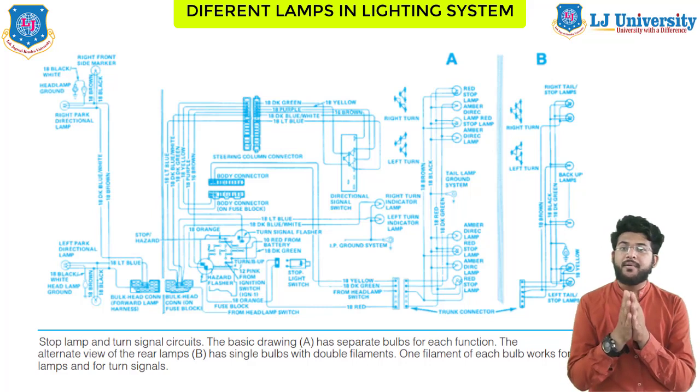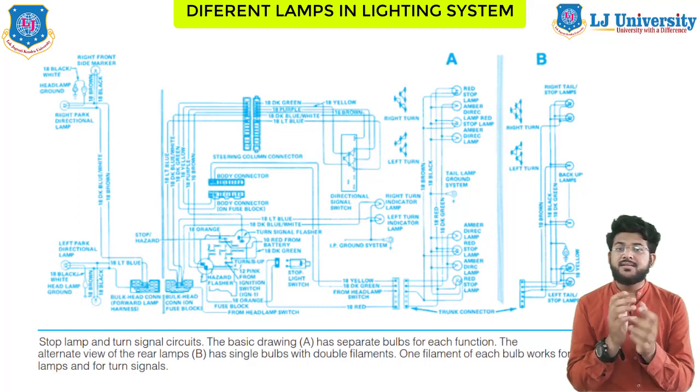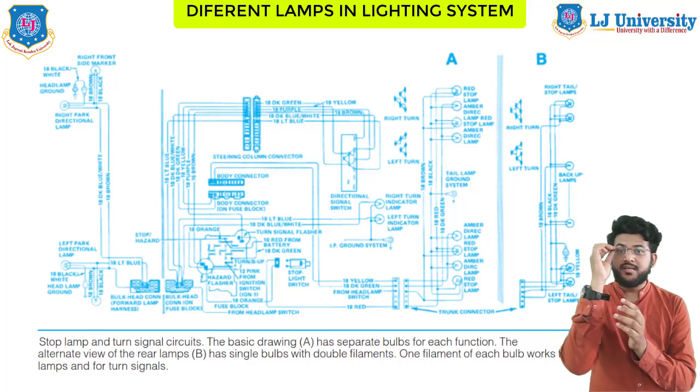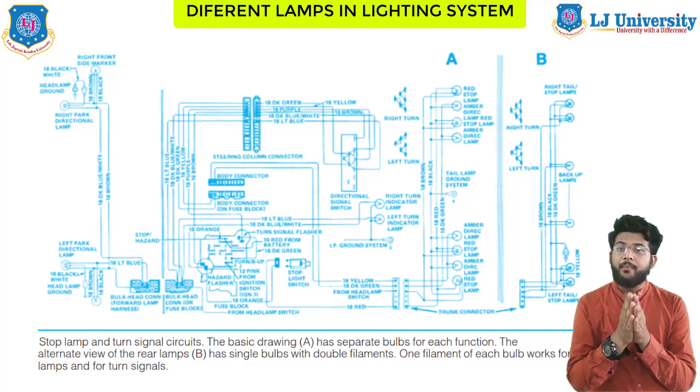A typical circuit diagram with the stop lamp and the turn lamps as separate bulbs is shown here. When the brakes are applied, the brake switch is closed and the stop lamps light. The brake switch receives current from the fuse panel and is not affected by the ignition switch.